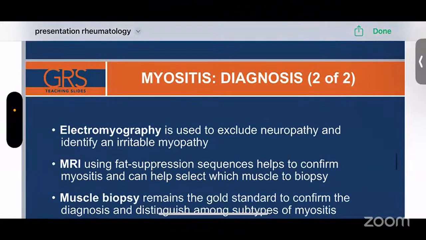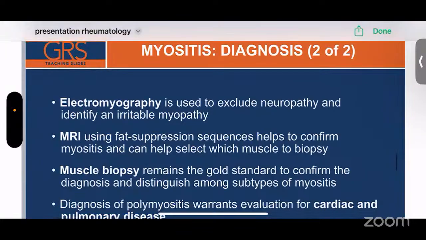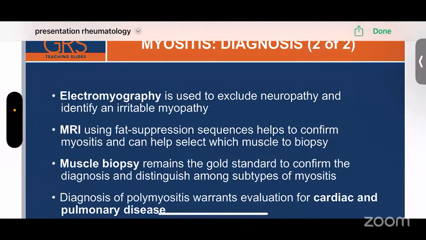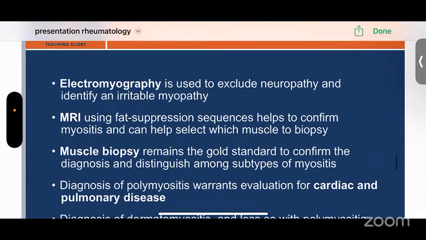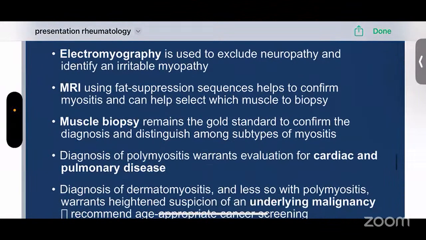We also use electromyography to exclude neuropathy and identify an irritable myopathy. MRI with fat suppression sequences helps confirm myositis and can help select which muscle to biopsy. The gold standard is muscle biopsy, to confirm the diagnosis and distinguish the subtype of myositis.